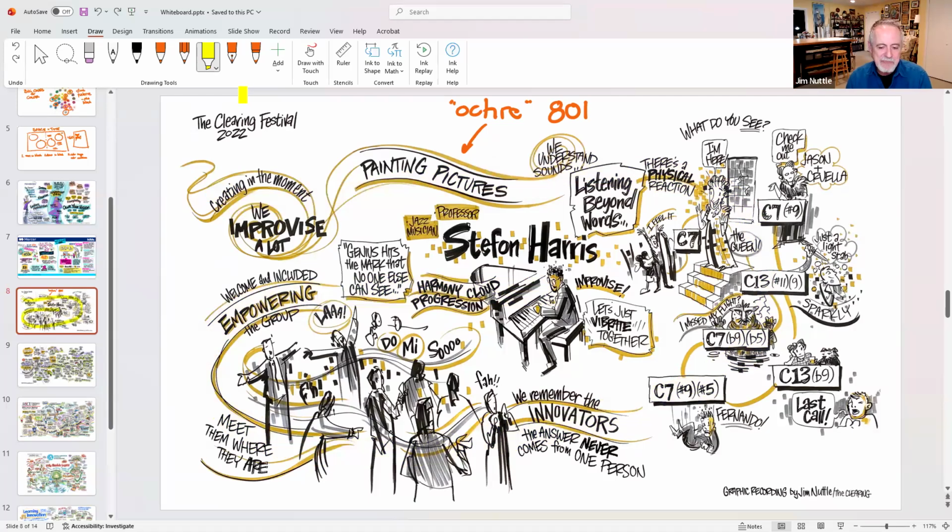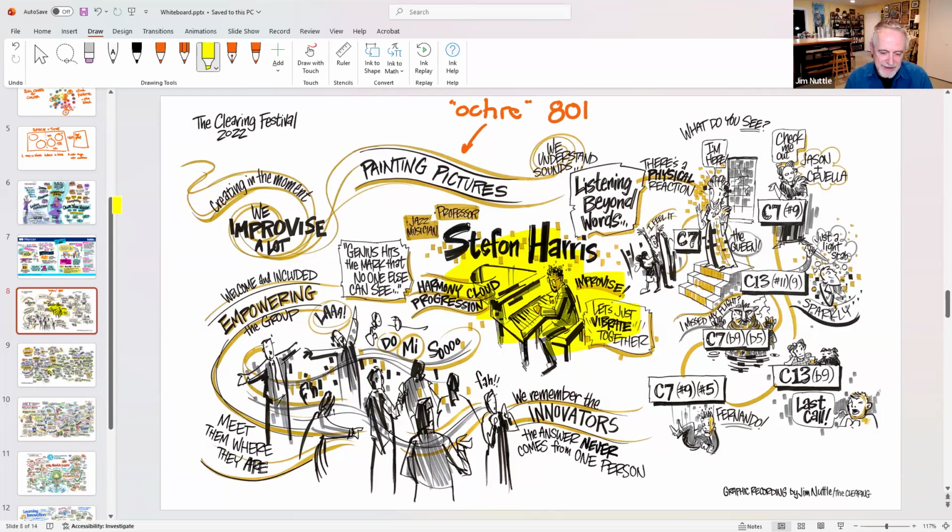I'll tell you, it started, and because I knew it was going to be a 45-minute, 50-minute keynote presentation by Stefan Harris, I started off with the graphic in the center, and I rarely do this, or I do it sparingly, try to actually capture a likeness of the person.